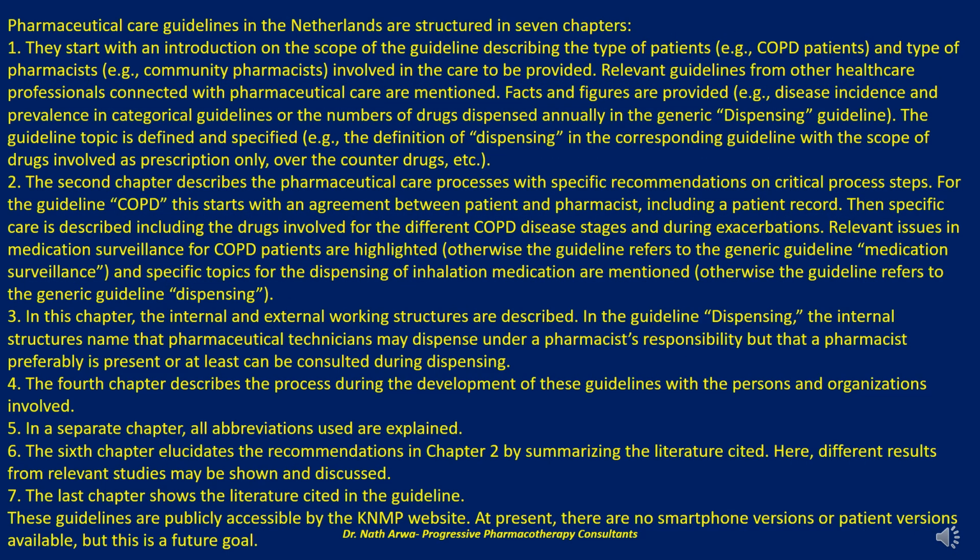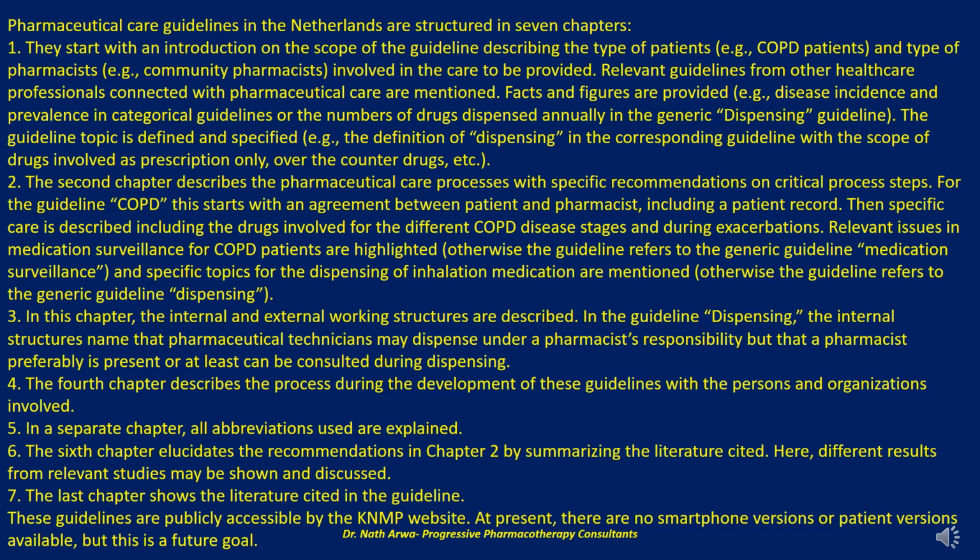Pharmaceutical care guidelines in the Netherlands are structured in 7 chapters. 1. They start with an introduction on the scope of the guideline, describing the type of patients, e.g., chronic obstructive pulmonary disease patients, and type of pharmacists, e.g., community pharmacists, involved in the care to be provided. Relevant guidelines from other healthcare professionals connected with pharmaceutical care are mentioned.